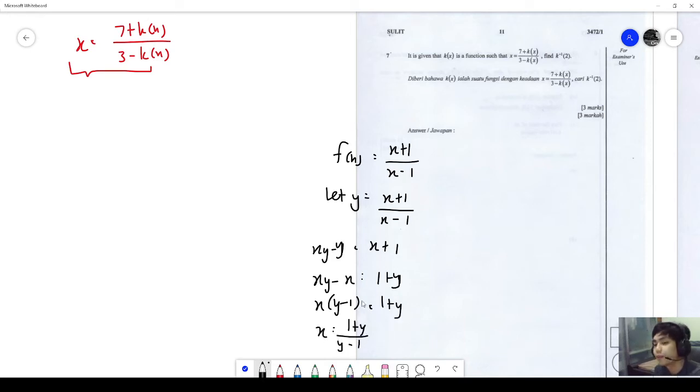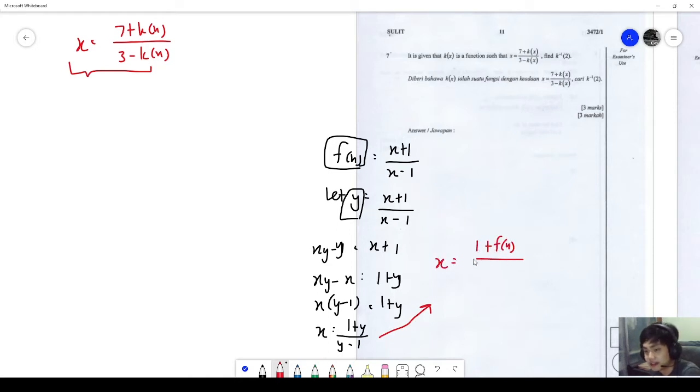So you see what happens here is that when I said let y equal x plus 1 over x minus 1, essentially it is just f(x), but I'm using y as a placeholder. So if I put f(x) into the equation, it will be x equals 1 plus f(x) over f(x) minus 1. You notice that the way I do the inverse, I end up with something like this by making x the subject.